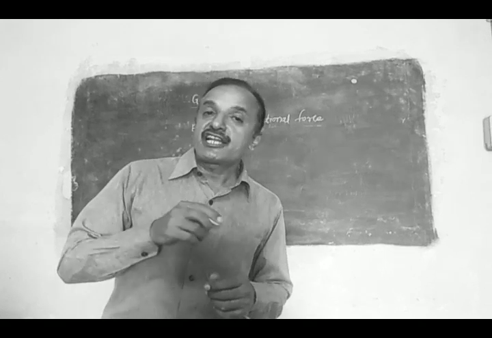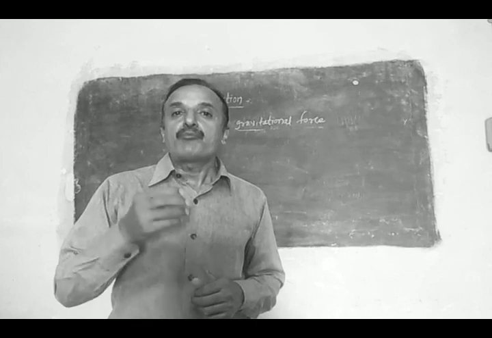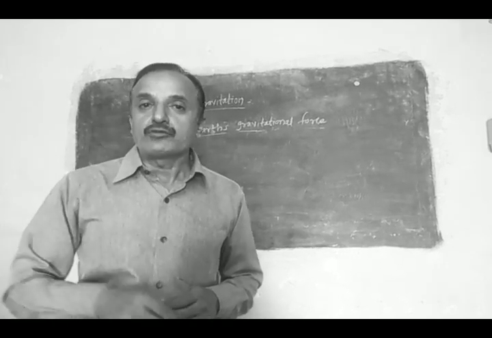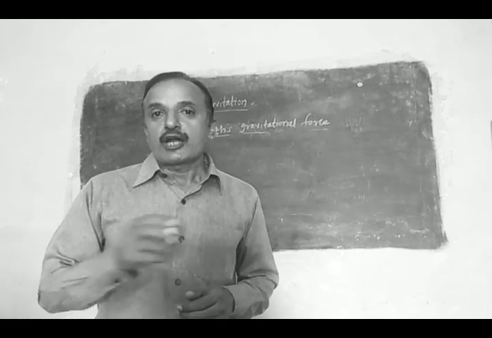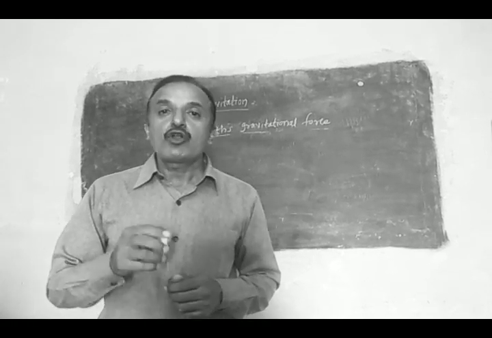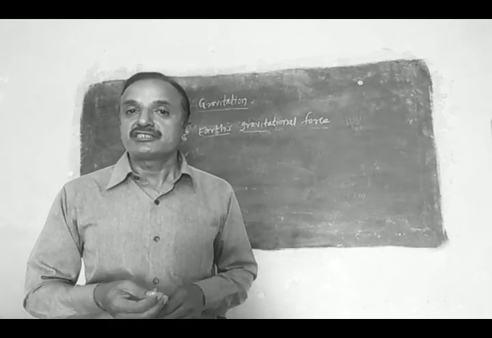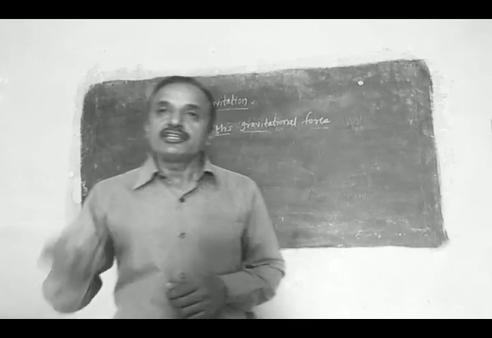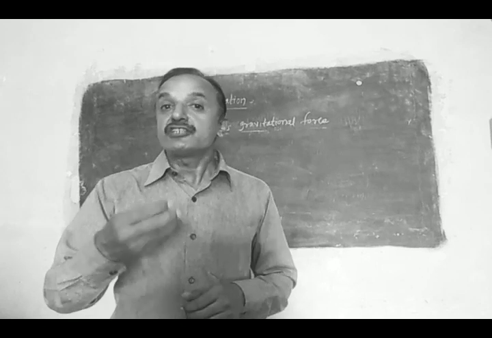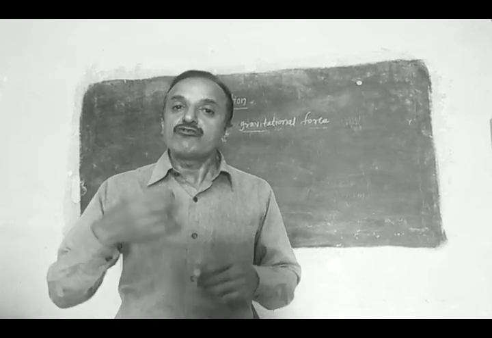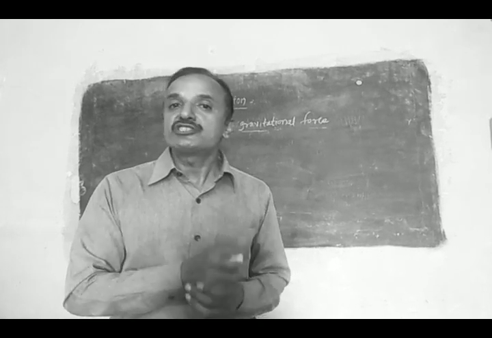Now the question arises like this. We have seen in the starting that the apple falls on the ground toward the center of earth. According to Newton's universal law of gravitation, every object attracts every other object. It means when the earth attracts the apple, the apple also attracts the earth. Then why can we not see the earth move towards the apple?